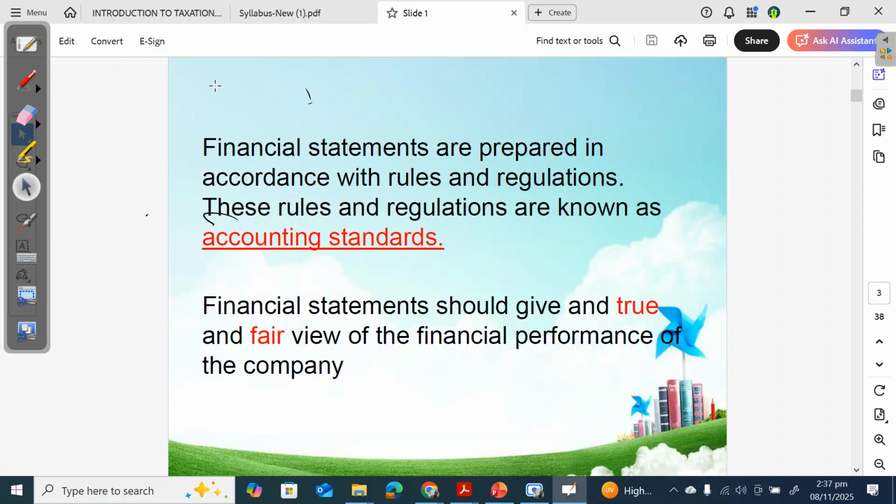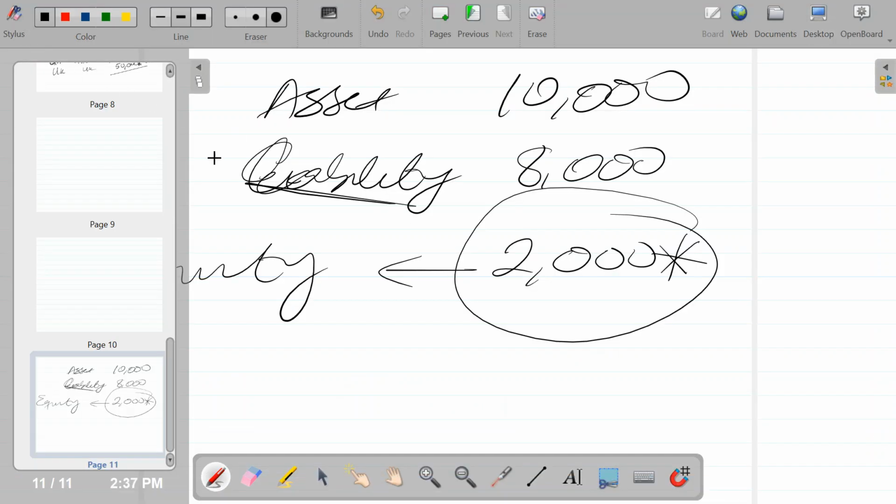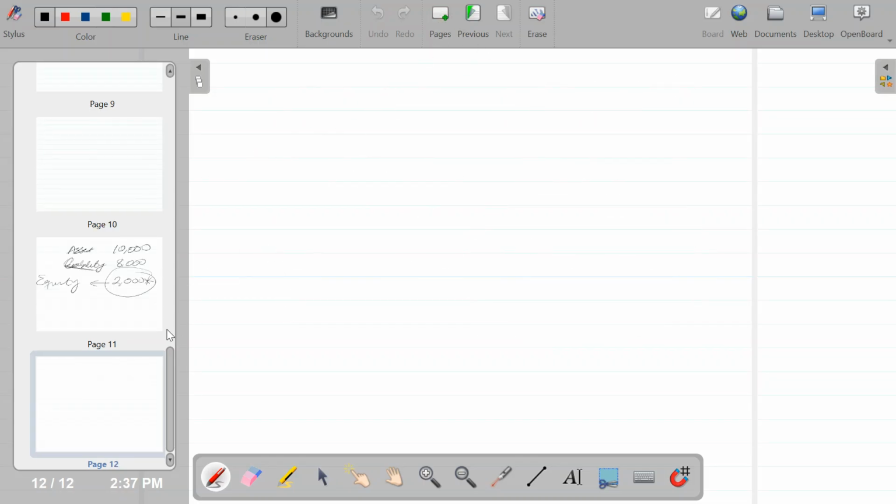It's called IAS 1. But very soon, it will be replaced by IFRS 18. There's a new standard called IFRS 18.